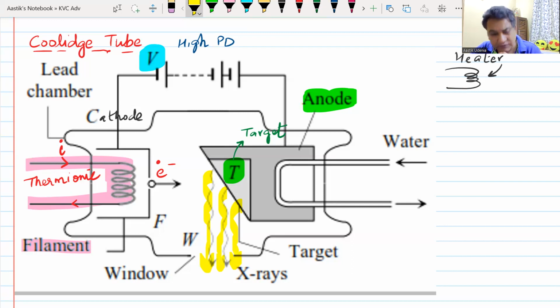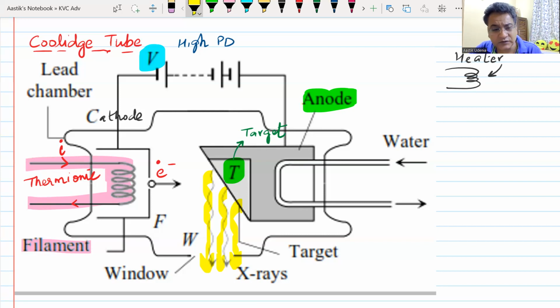Which process is this the reverse of? Electrons falling, X-rays emitted. The photoelectric effect. It is sort of the reverse of the photoelectric effect.